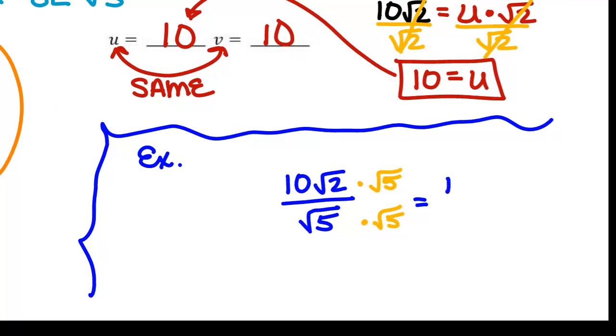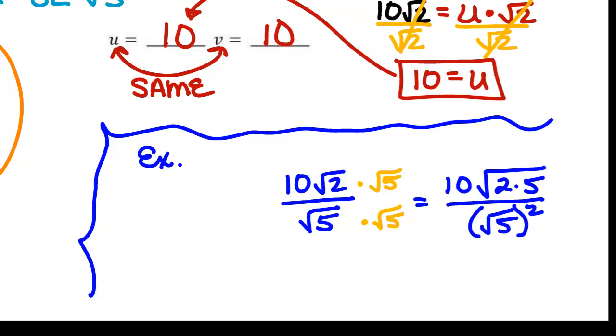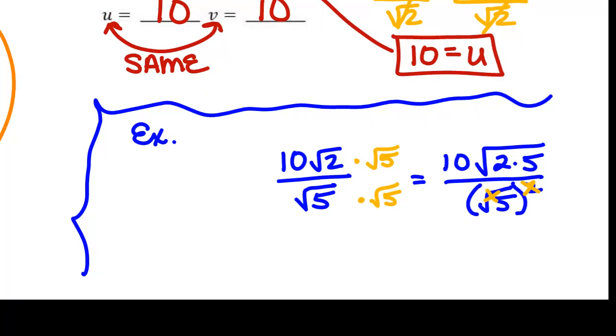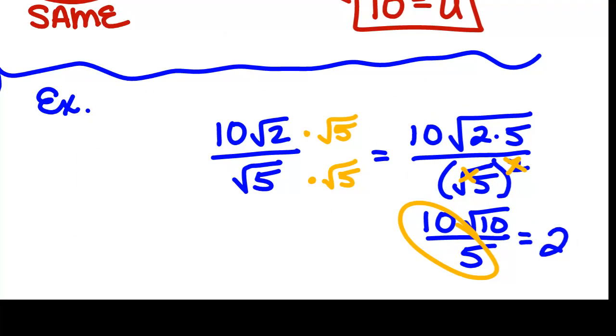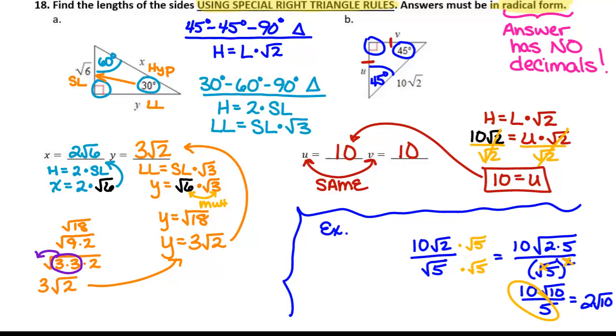And so up on the top, I would have 10 times the square root of 2 times 5 underneath here, because those are both under the radical, over the square root of 5 squared. When we square a square root, those cancel each other out. So then I would have 10 square root of 10 over 5. And the last thing I could do is these two here can simplify. 10 over 5 would give me 2, so I would have 2 square root of 10. You're welcome.